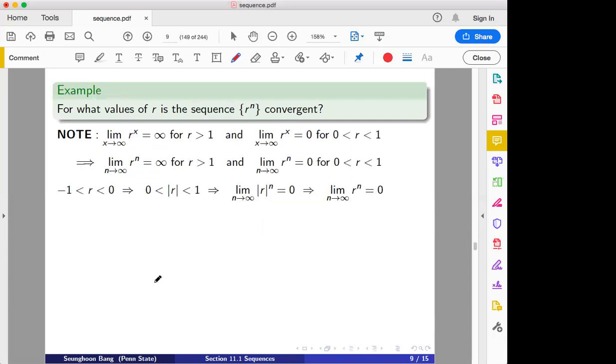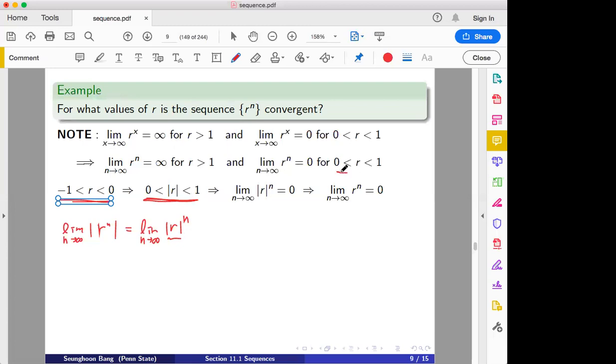So what does it mean? The r is between minus 1 and 0. So we think about the limit as n approaches infinity of the absolute value of r to the n. This is the same as the limit as n approaches positive infinity, where the absolute value of r is between 0 and 1.